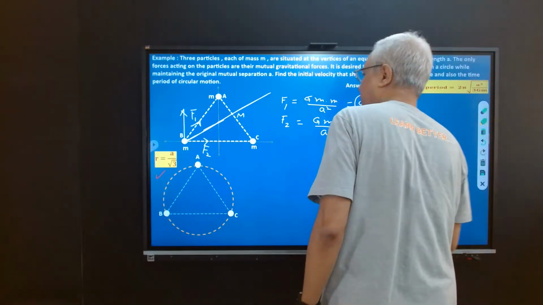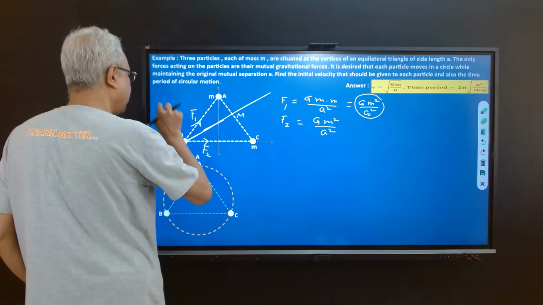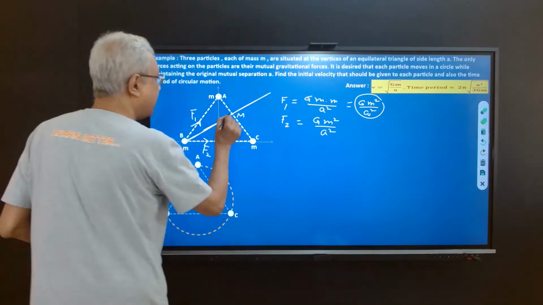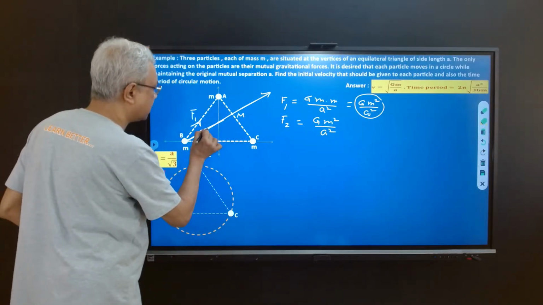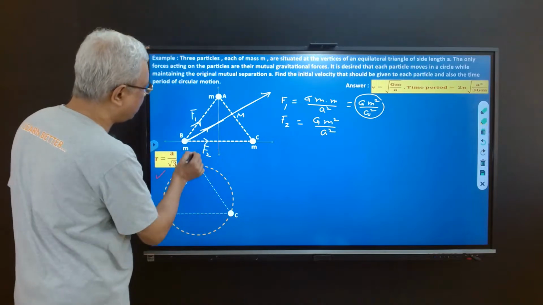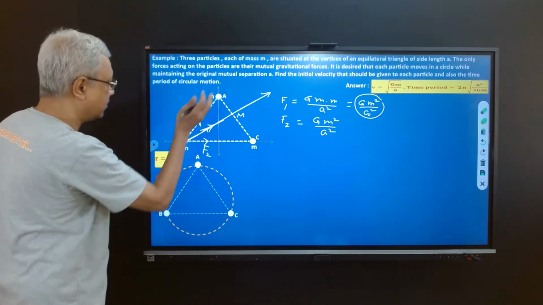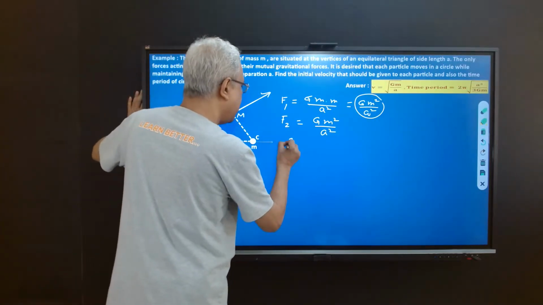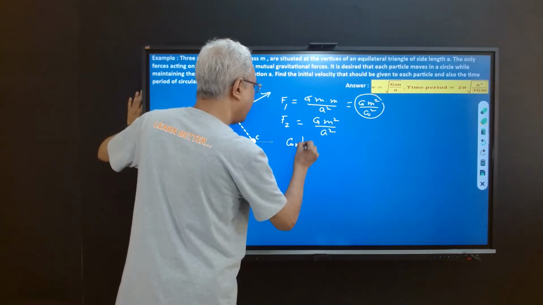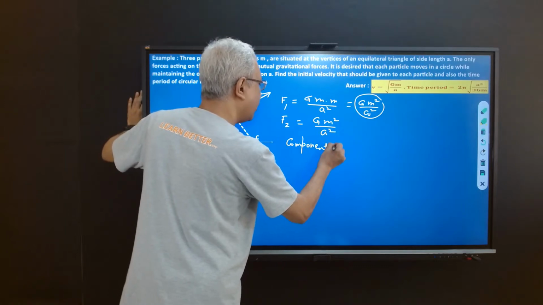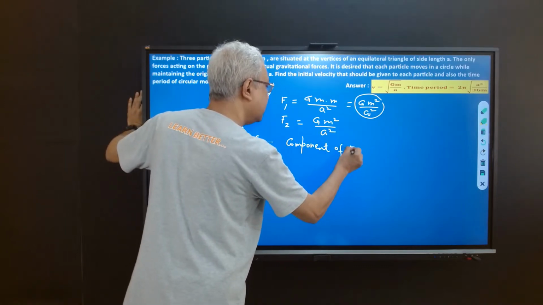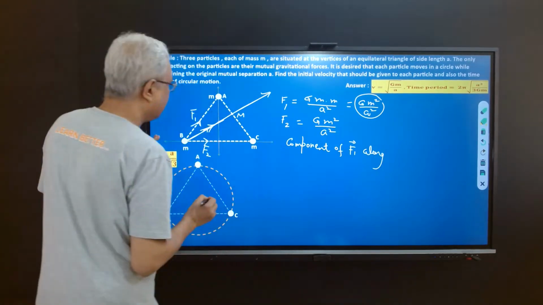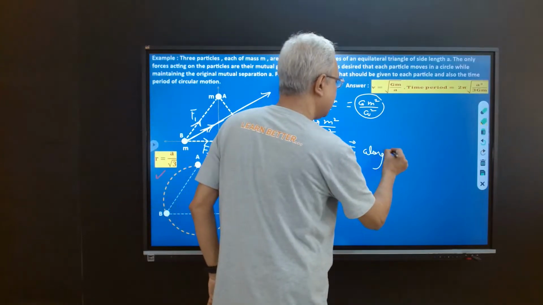I take a different approach. I take the component of F1 along the median, this direction, and I take the component of F2 along the median. Median means along BN. So the component of F1 vector along BM is how much?